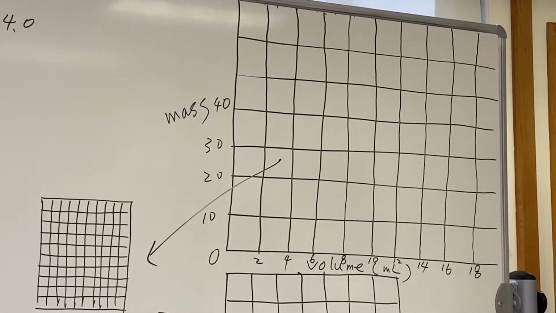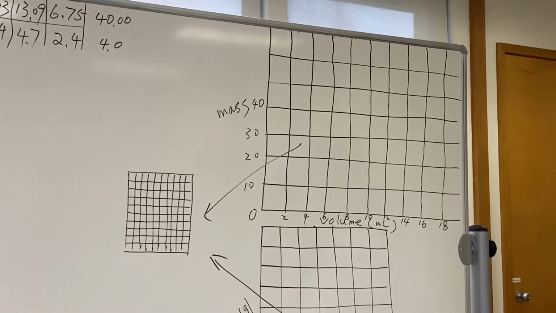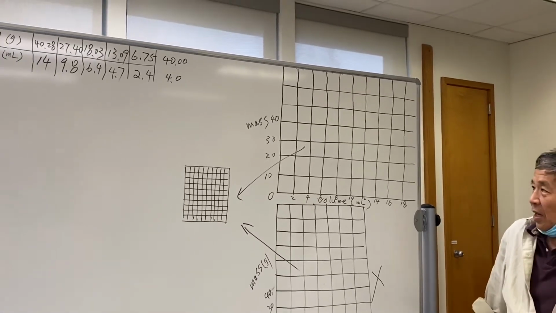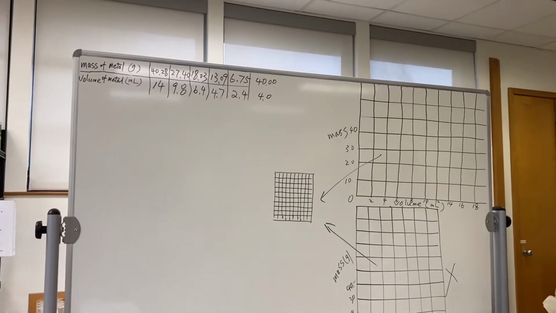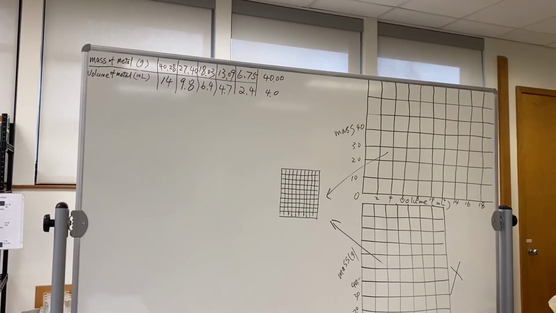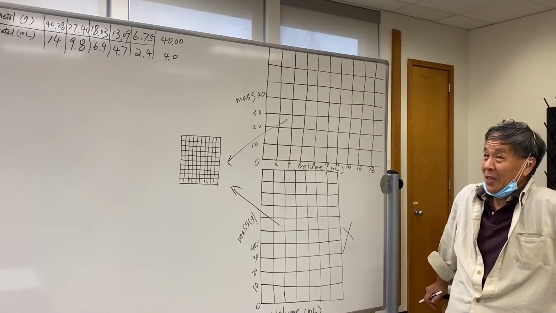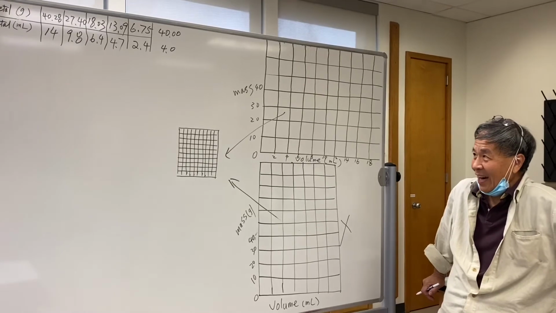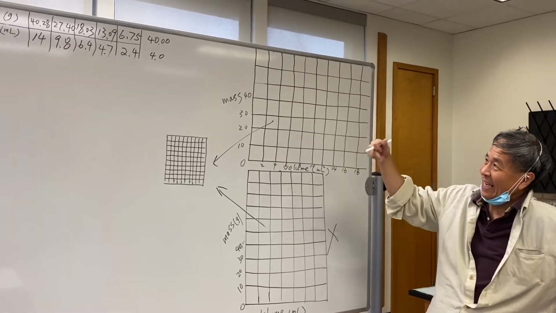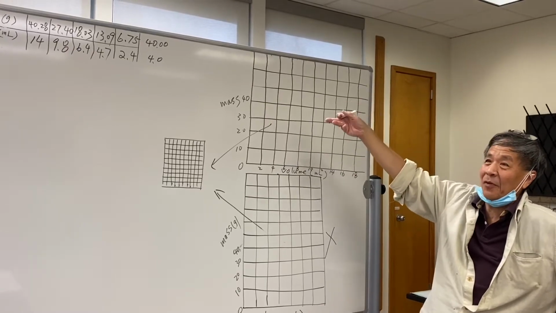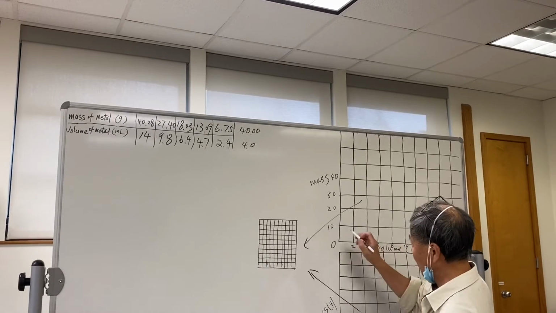But examine your data points before we go on. The mass tells you something very important, which I pointed out before. It's not a 10, it's not a 20, it's not a 30, not a 40, but 2 digits after the decimal point.